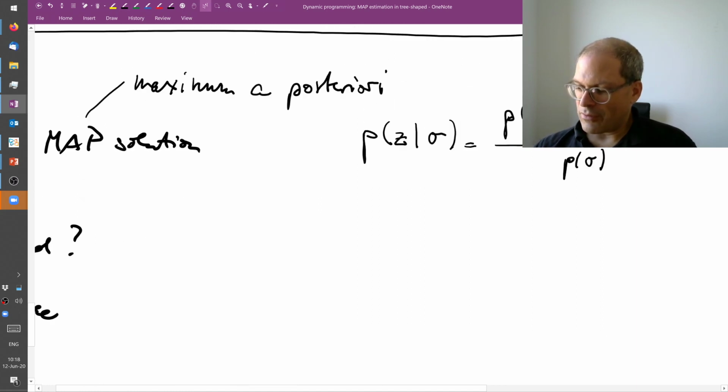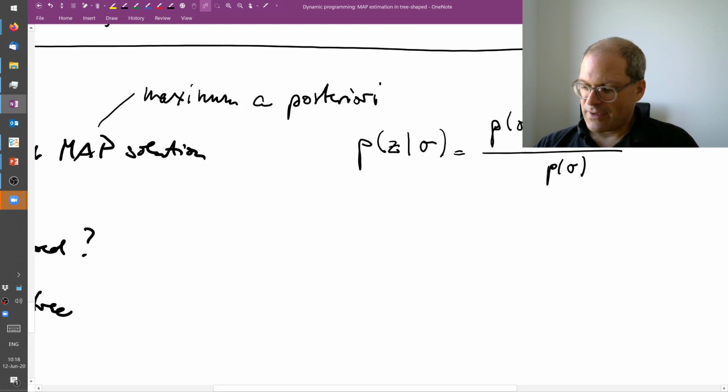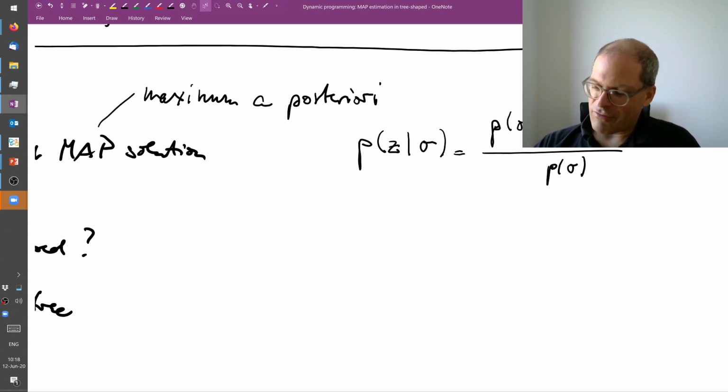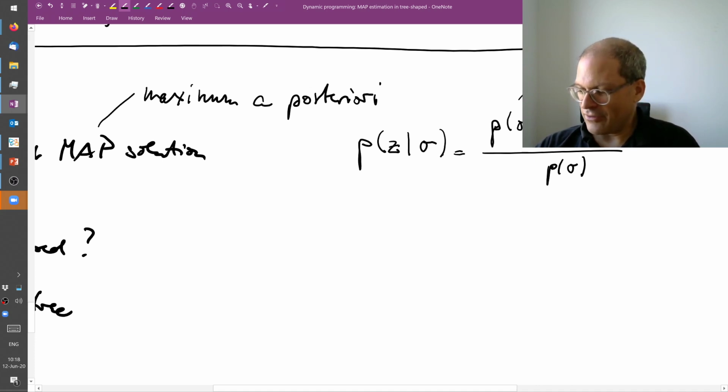And now, oftentimes, in undirected graphical models, we are writing this probability here as e to the minus some energy, an energy of associating, or let's call it a likelihood of making certain observations O given states Z. And this energy itself often decomposes into a sum over, for example, pairwise potentials.